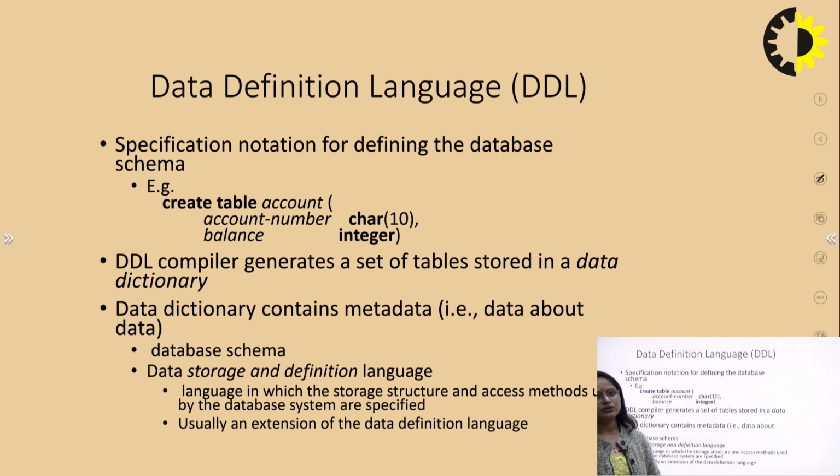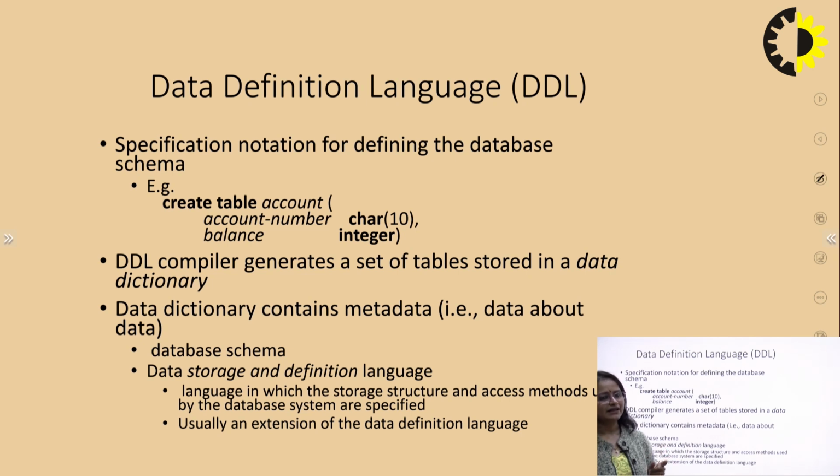When we are going to define the database, we use create table. Here we have taken an example: create table account, a table whose name is account, and the column names are account number and balance. So account number and balance are two columns in the table account. A column is also known as an attribute.